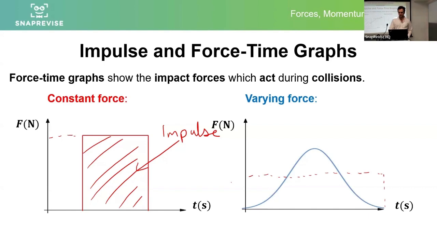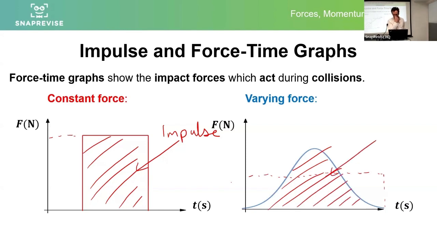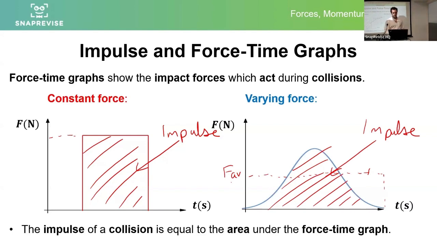Just be aware that the most true general statement of impulse is that it is a change in momentum, and it is equal to the area underneath a force-time graph. This is also impulse. Great. We love it. And this is FΔt. The impulse of a collision is equal to the area under the force-time graph. Couldn't say it better myself.